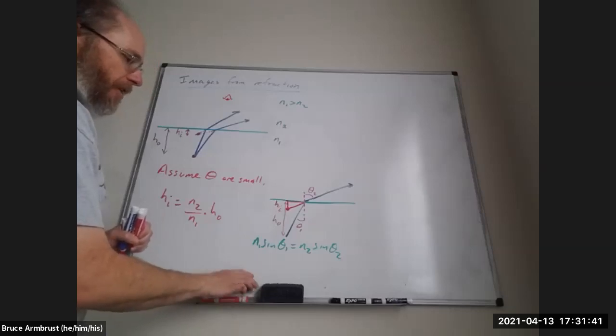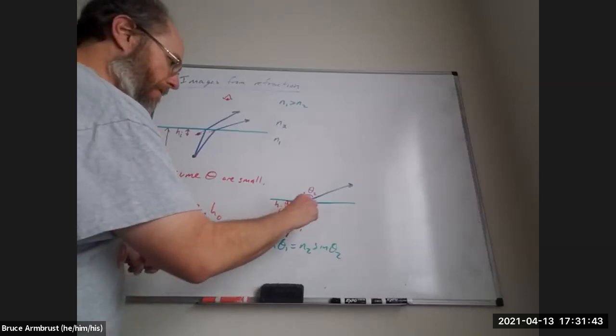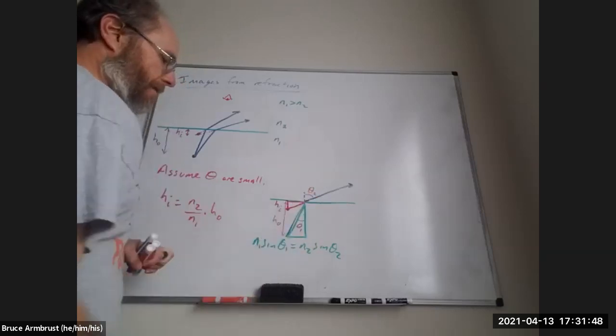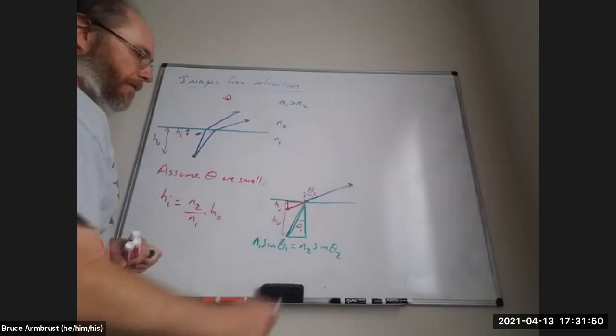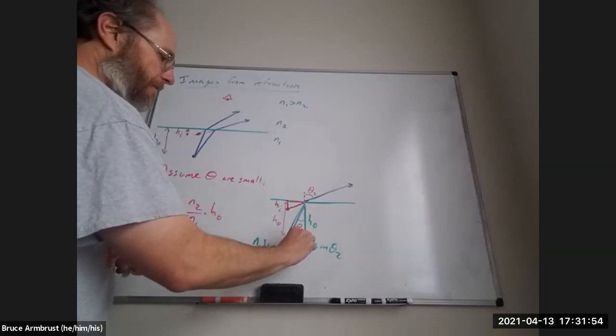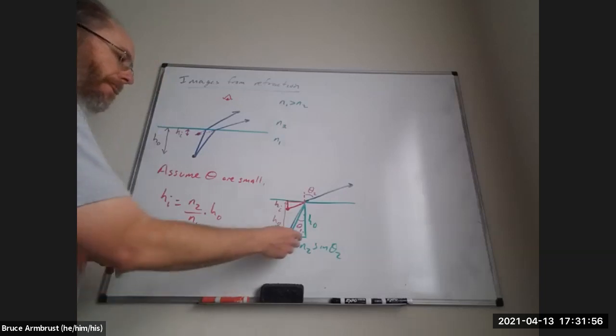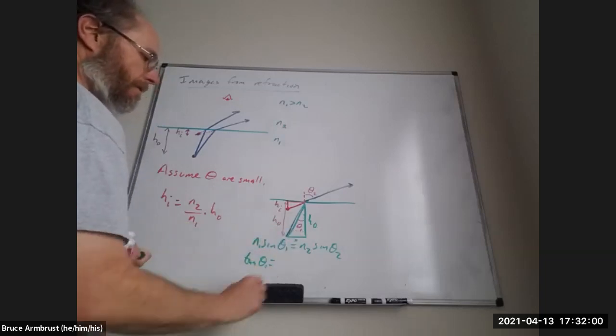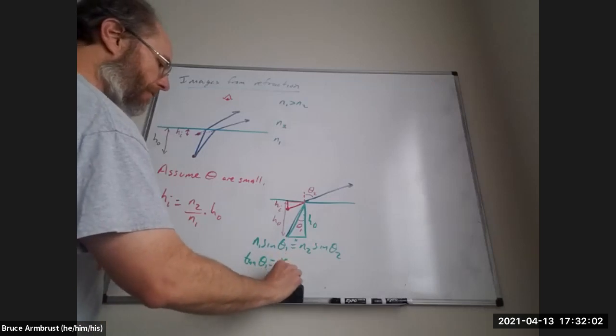Look at these triangles though. Like this one. I know that this is HO. I don't know what this length is, so I'm just going to call it X. But what I've got is that the tangent of theta 1 is equal to X over HO.